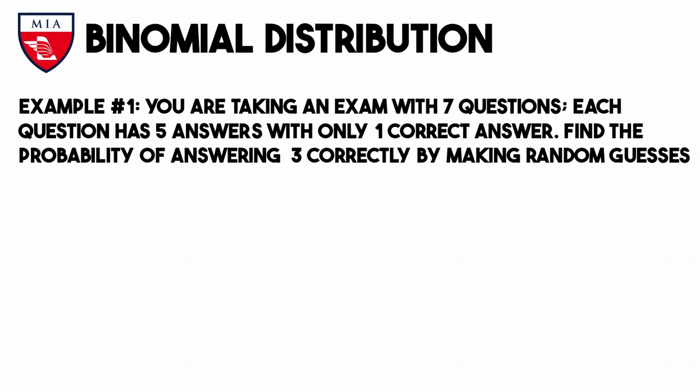So let's talk about how we can determine the givens. Always remember, class, that the value of n is always greater than the value of x. In terms of binomial distribution, the value of n is always greater than the value of x.